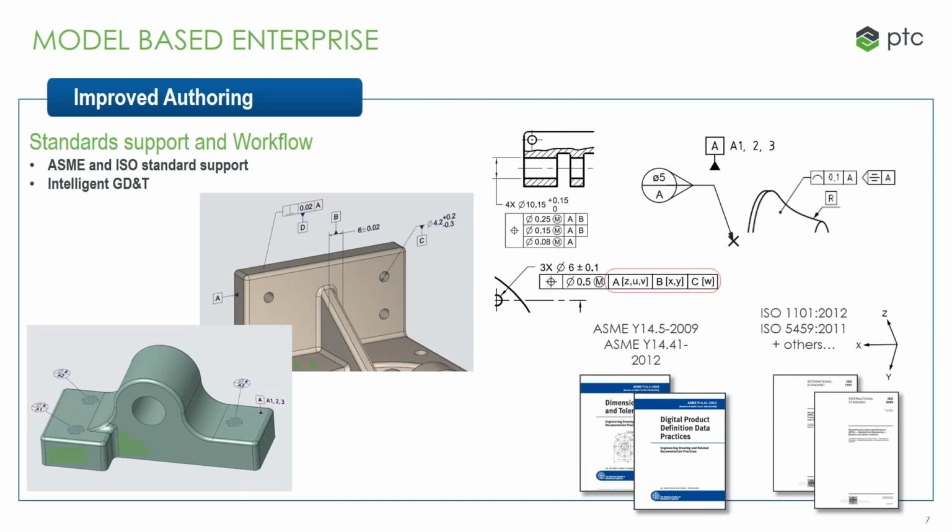So more and more customers today are struggling with the burden of having a 2D-centric business practice. They're suffering from incorrect or misinterpreted 2D drawings that can lead to scrapped parts or product failures.